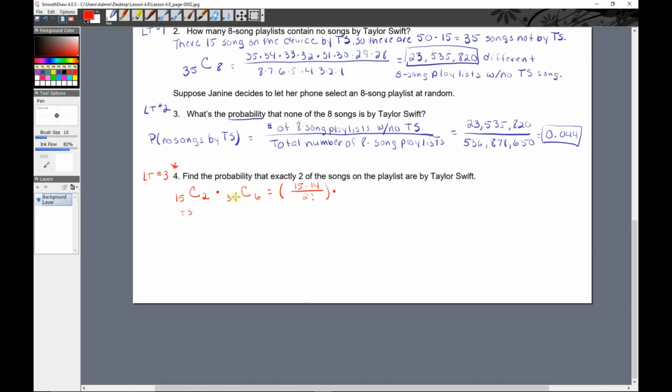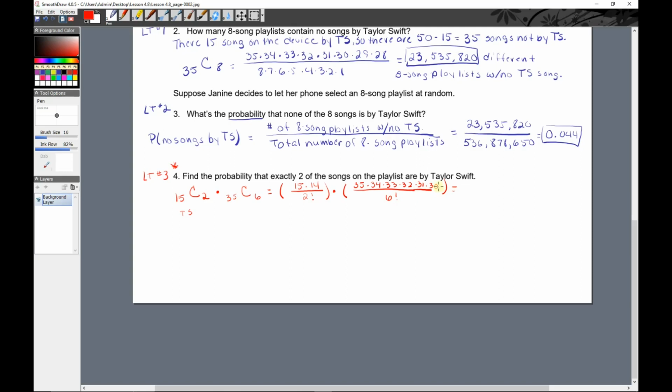And then we'll take this combination and write it as a permutation: 35 starts the list of products. So 35 times 34 times 33 times 32, we need 6 of those numbers, so we're short 2, times 31 times 30, and that'll be over 6 factorial.